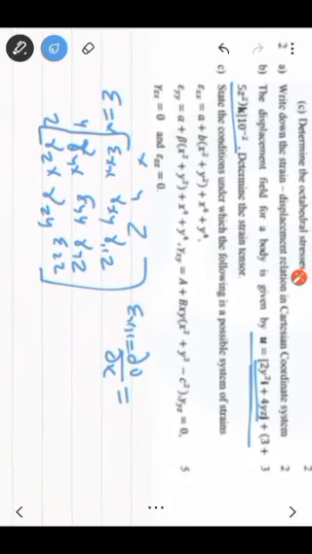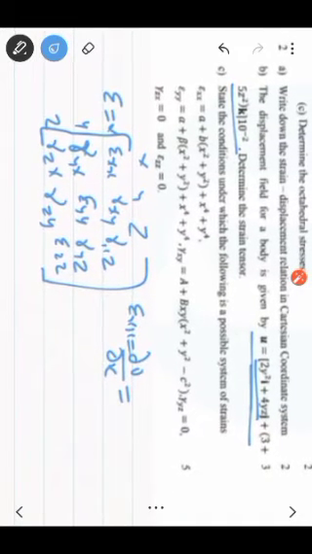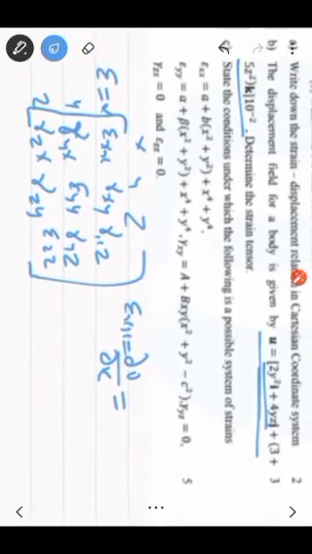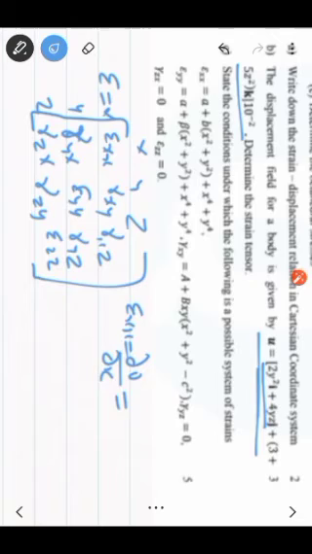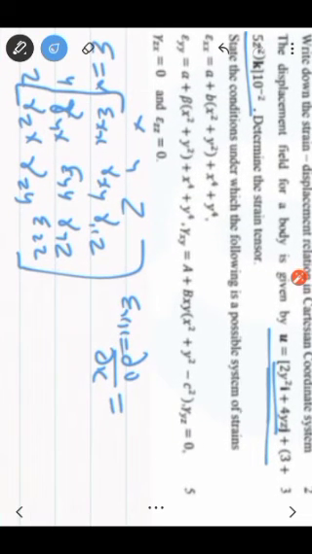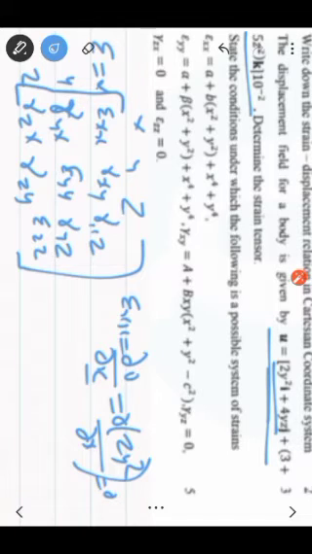Let's check the problem. 3 plus 5x square k is there, and this is i, and this is j. They are given 2y square i plus 4yz j. So this is dou of 2y square by dou x. So you don't have any x value here. This is equal to 0, hence this is constant.